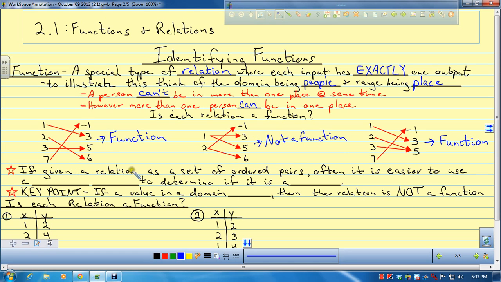Now, if we are given a relation as a set of ordered pairs, it's often easier to use these mapping diagrams to determine if it is in fact a function.